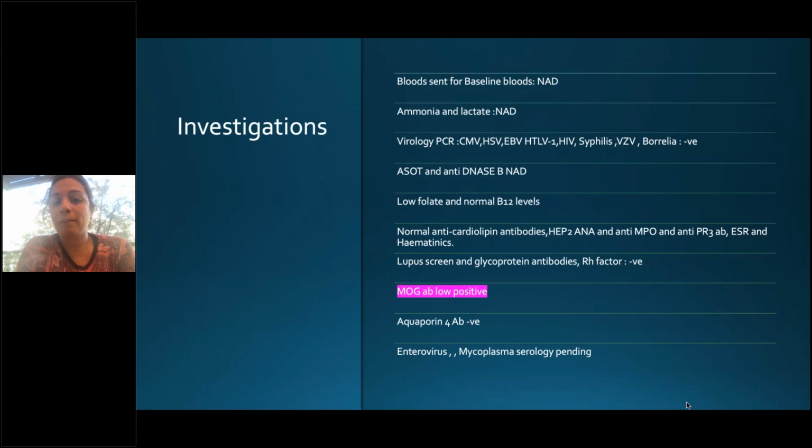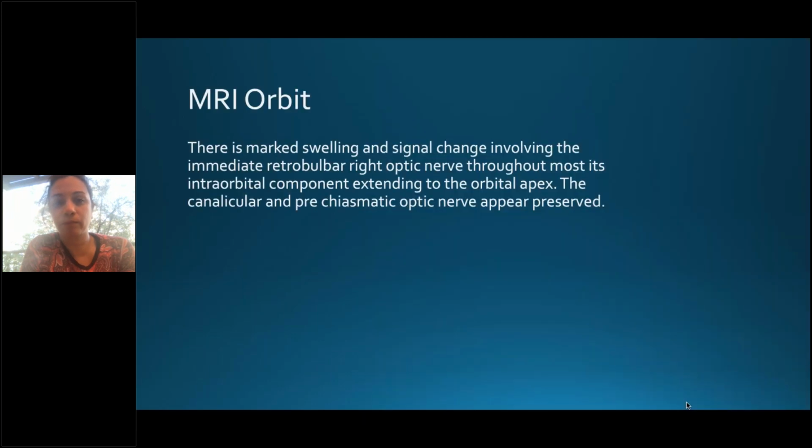We also did some other testing, autoimmune antibodies, like I discussed in acute disseminated encephalomyelitis. So we did MOG antibodies and we did an aquaporin-4 antibody. Aquaporin-4 antibody was negative and MOG antibody was a low positive. As I said, they give us an idea of prognosis and other associated conditions, which I will discuss later.